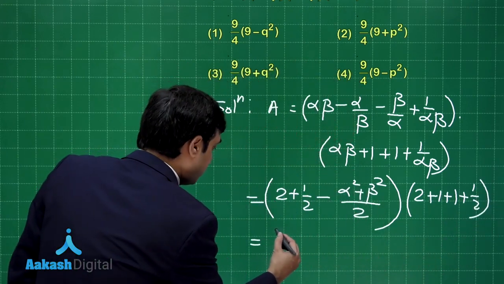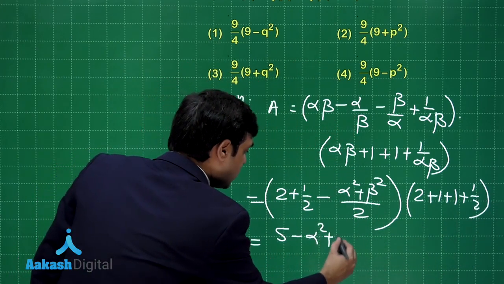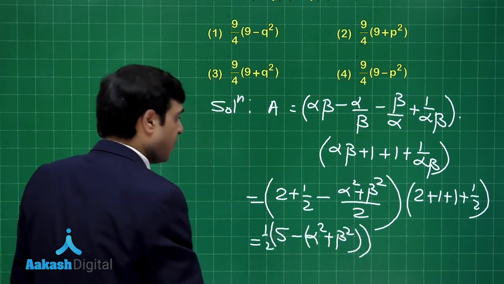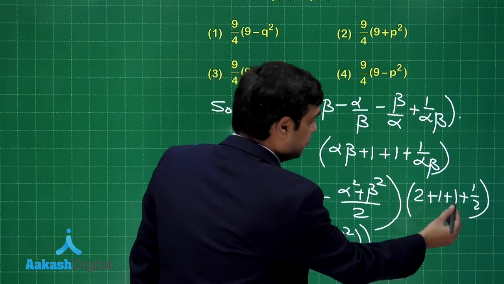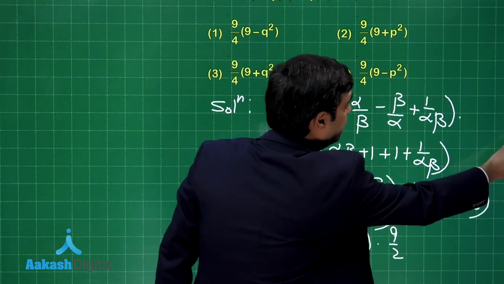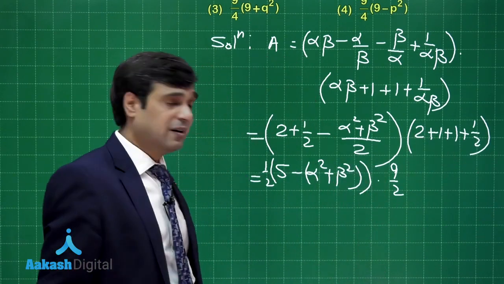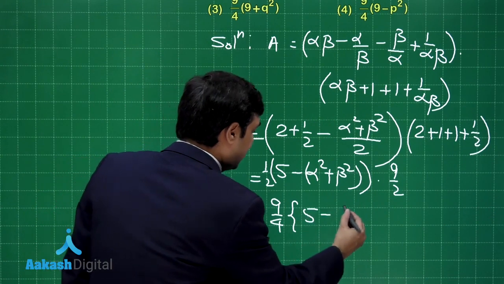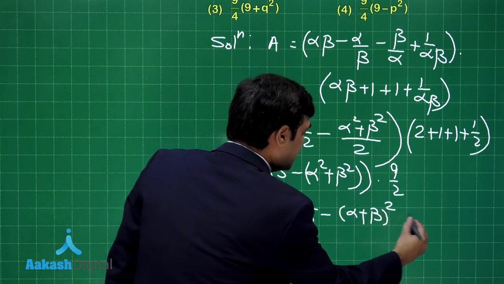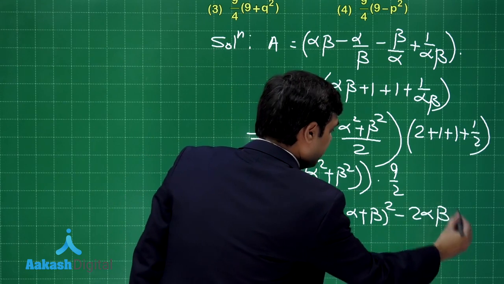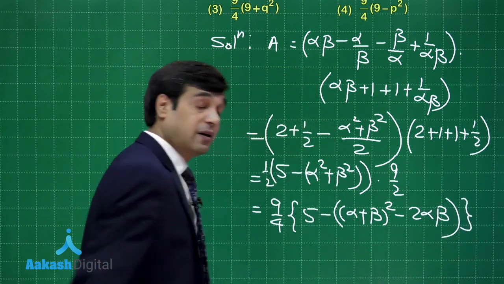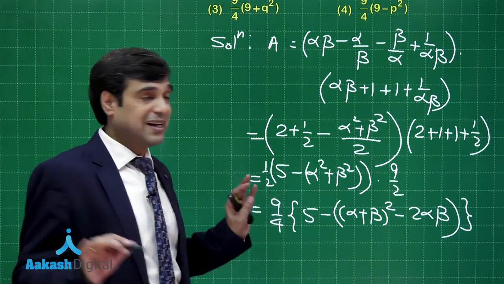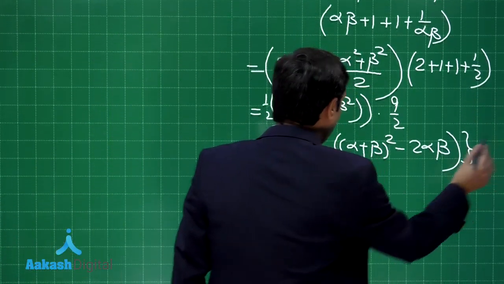So this is equal to 5 minus alpha square plus beta square whole divided by 2, so keep half outside, into this is 4.5, that is 9 by 2. So I'm sure things are clear till this point. Let's rearrange. This is 9 by 4 multiplied with 5 minus alpha plus beta whole square minus 2 alpha beta. Correct? Alpha plus beta given to me is minus p. If required, we can also use in terms of q, but let's start with minus p term.